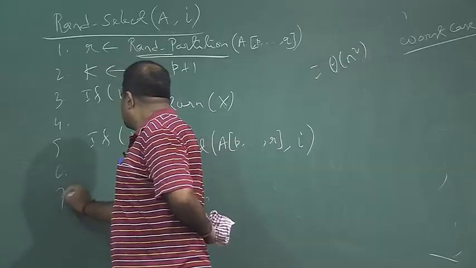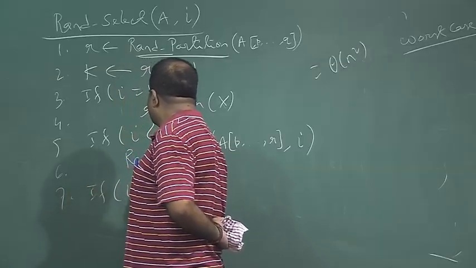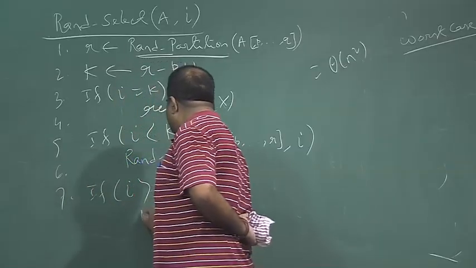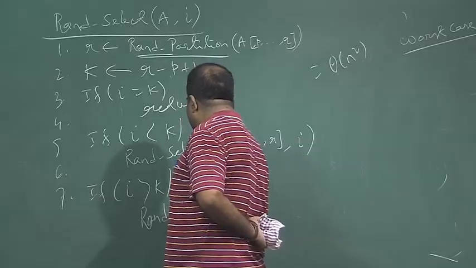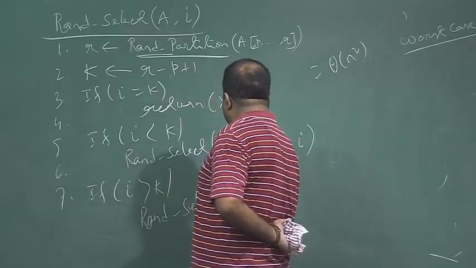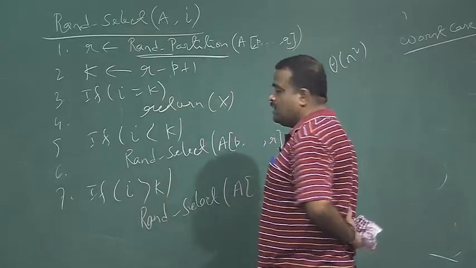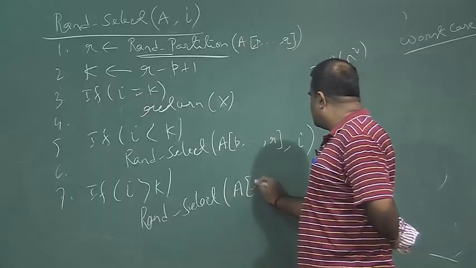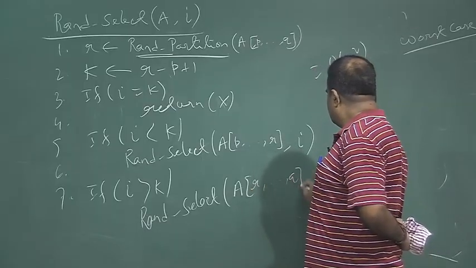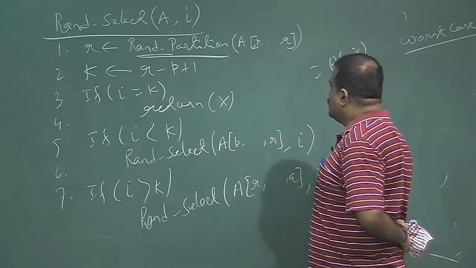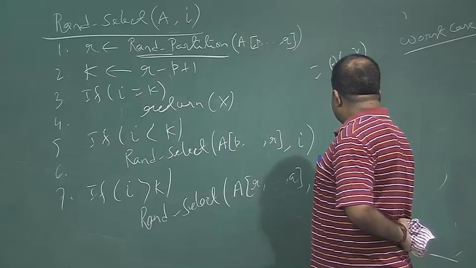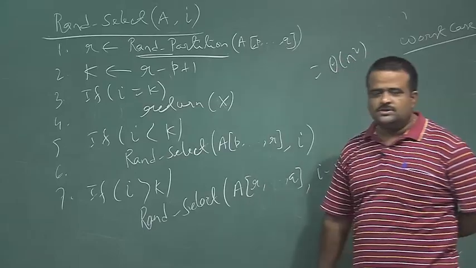Otherwise, if i is greater than k, then again we have to call randomized select on the right part of the array, but with i equal to i minus k. So, this is the code.